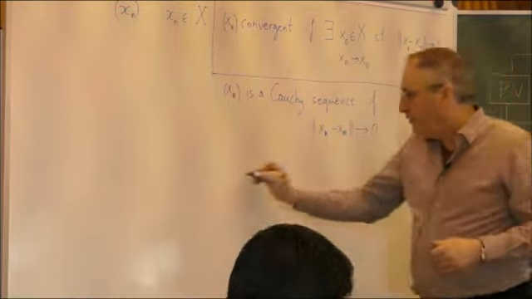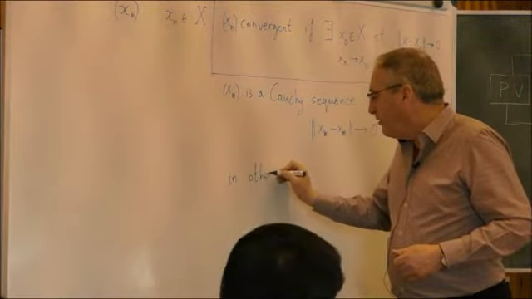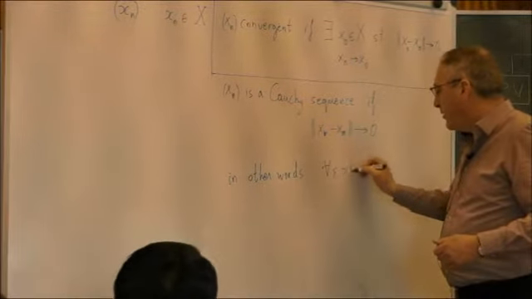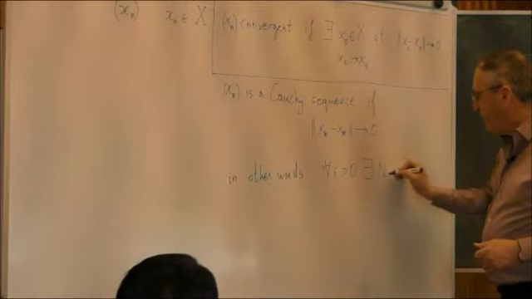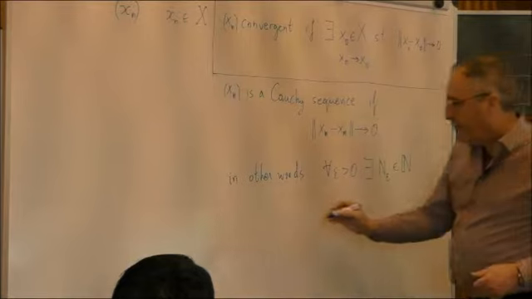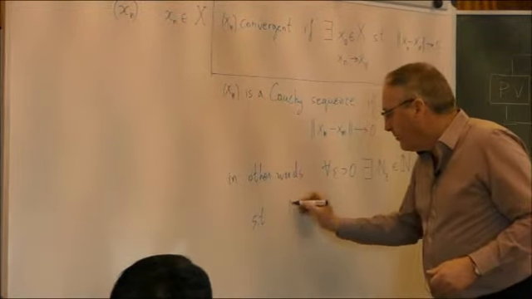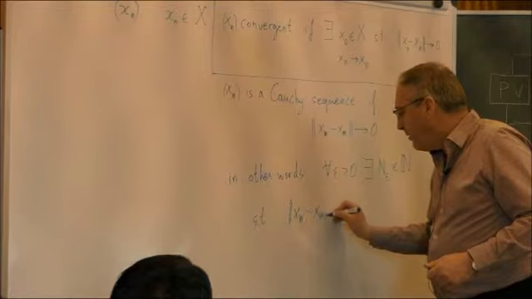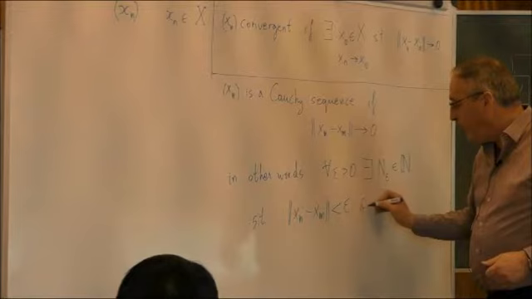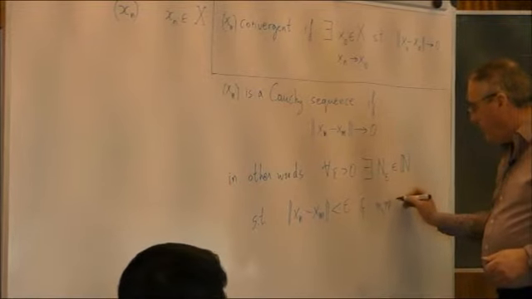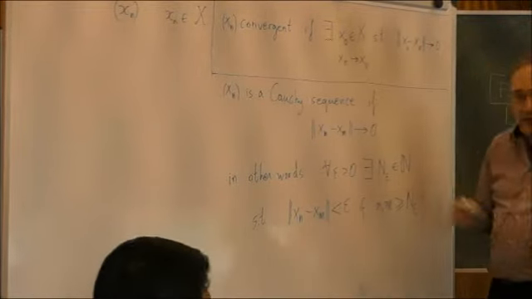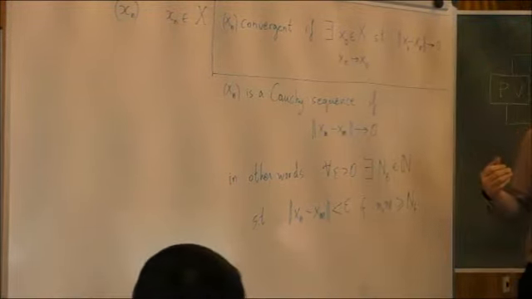In other words, for any epsilon positive, there exists a natural number n of epsilon such that the norm of xn minus xm is less than epsilon if both n and m are bigger or equal to n of epsilon.